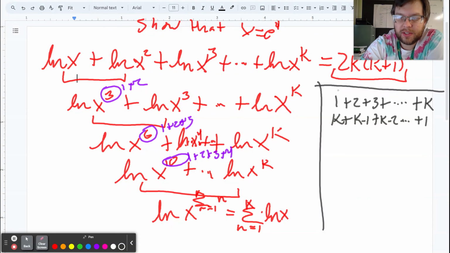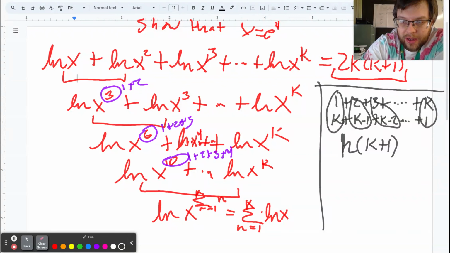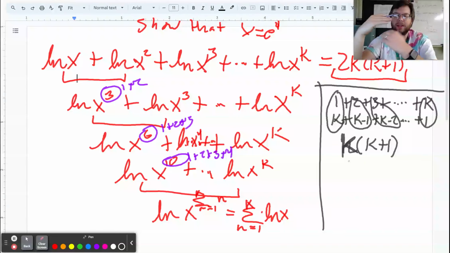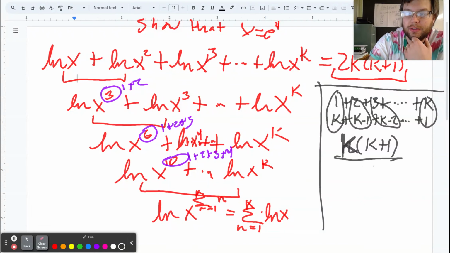And what you notice is that if you add term by term, you end up with k copies of k plus 1, because that's how many terms you have. But the trick that I did there was I wrote the same sequence twice, so I doubled it. So the answer I just wrote, k times k plus 1, is actually twice as big. So we divide it by 2.